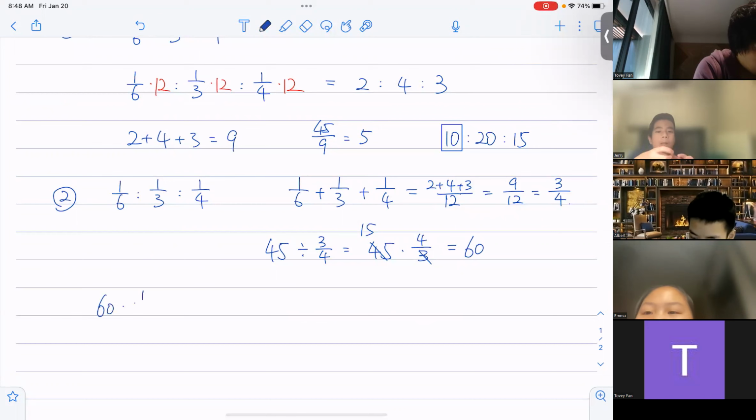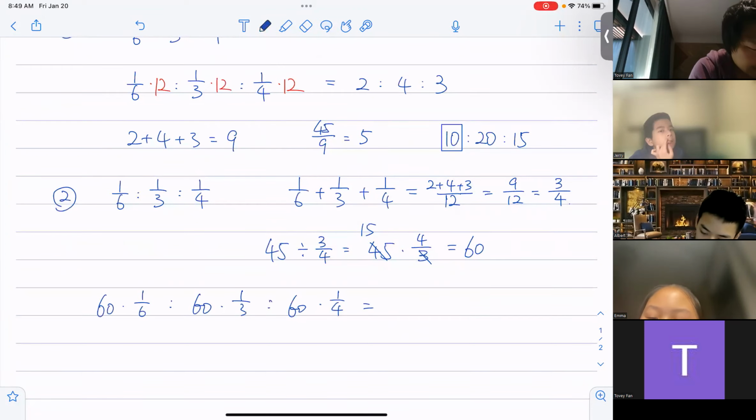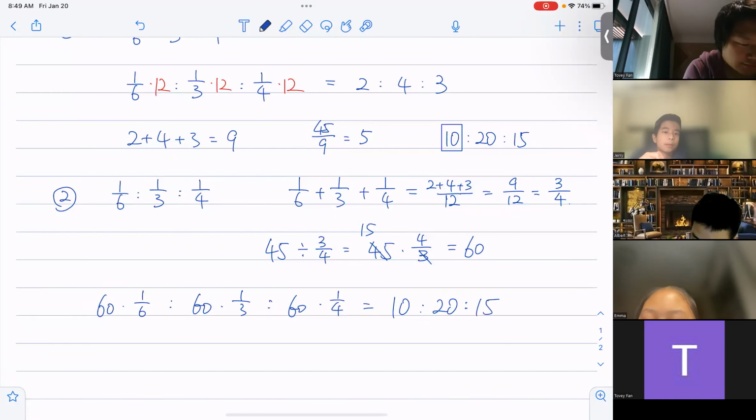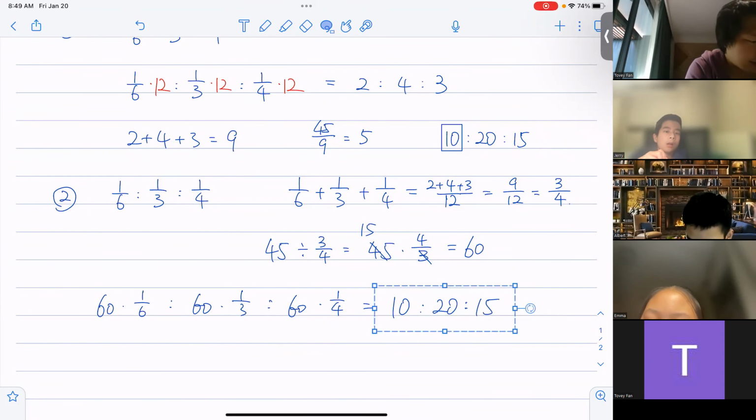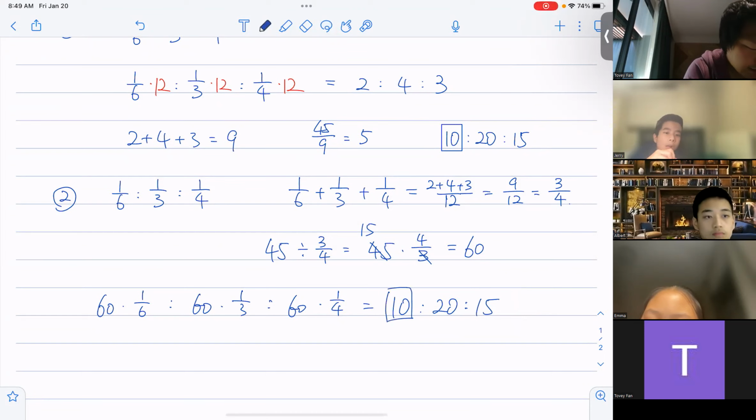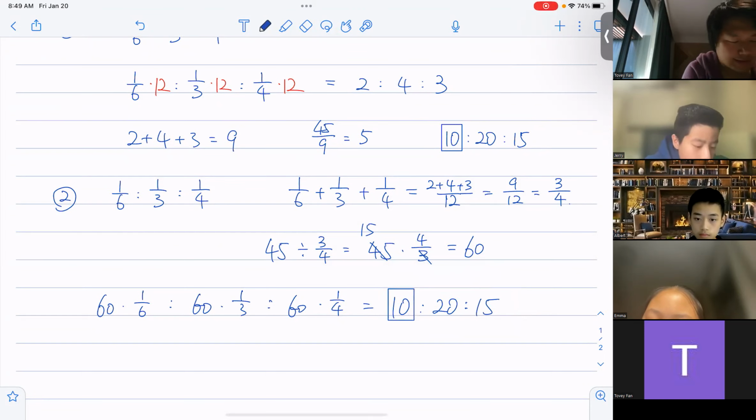So 60 times 1/6, 60 times 1/3, 60 times 1/4. It's very easy to see. The first one is 10, second one 20, third one 15. You see that you have exactly the same answer. And the smallest among all will be 10.